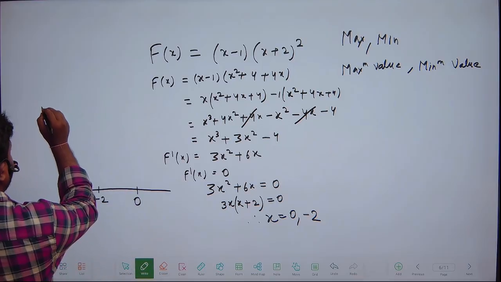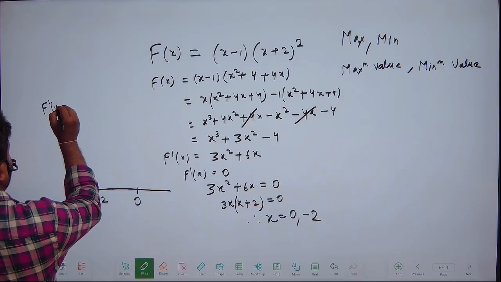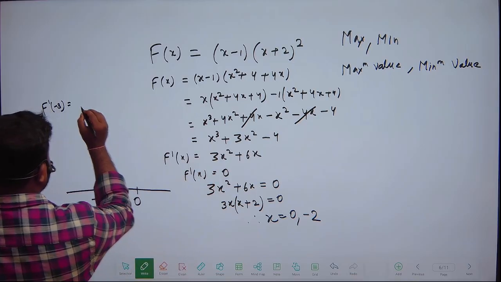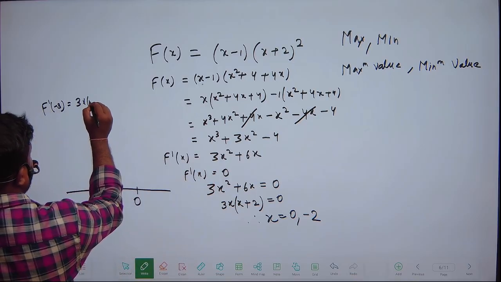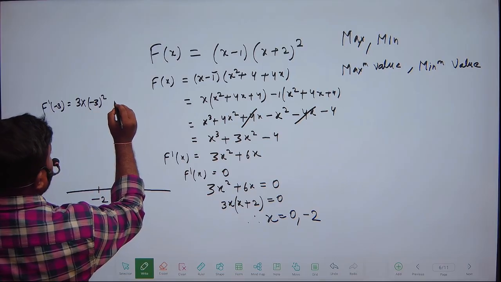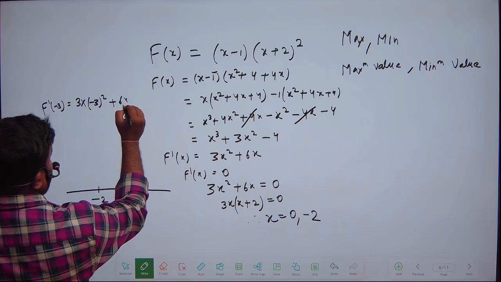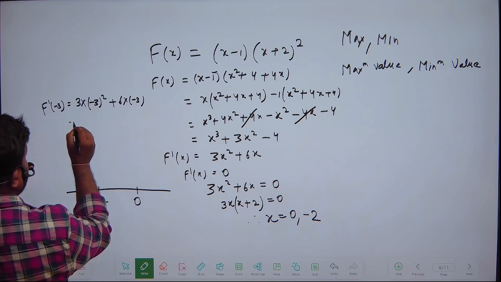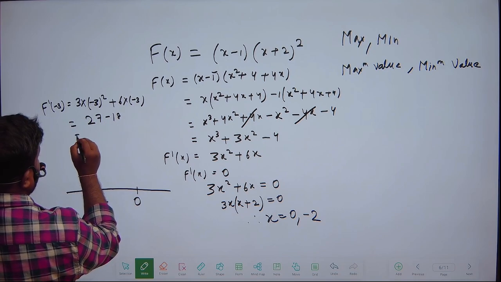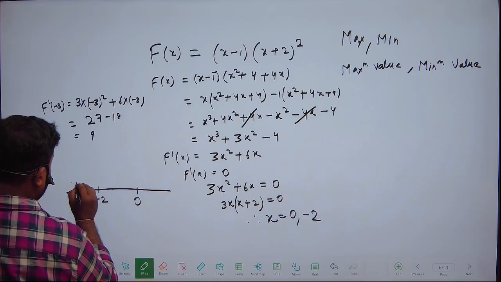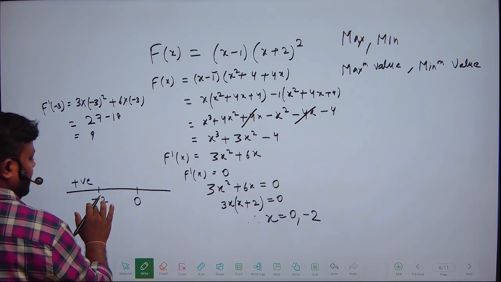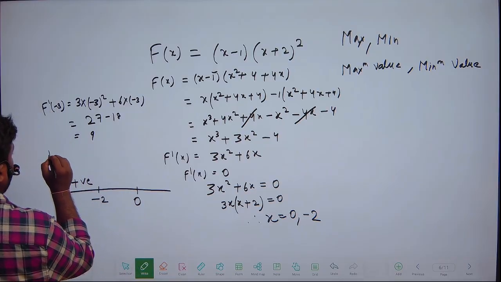Put it here: f dash of -3 is equal to what? 3 times -3 squared is 27, plus 6 times -3 is -18, which equals 9. It means we get a positive value here.